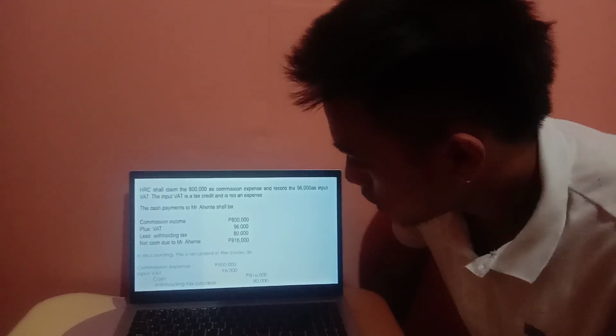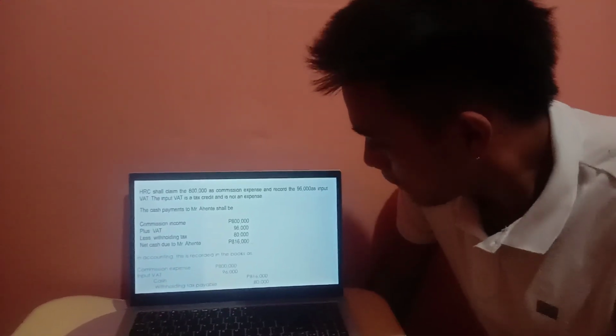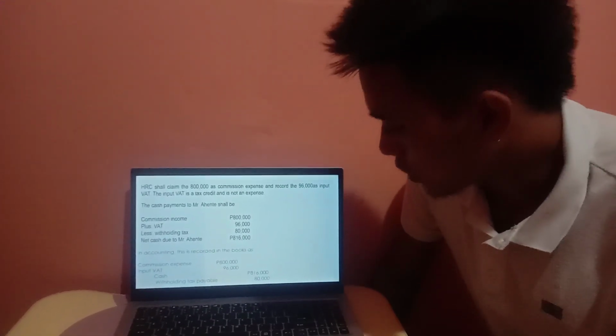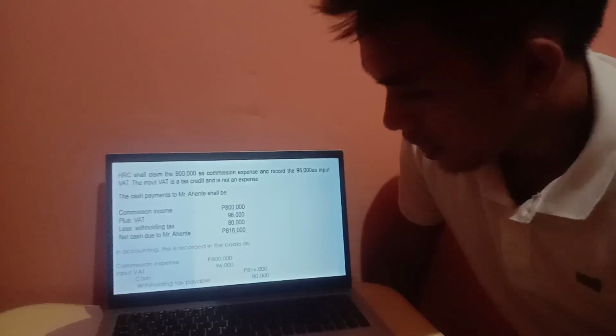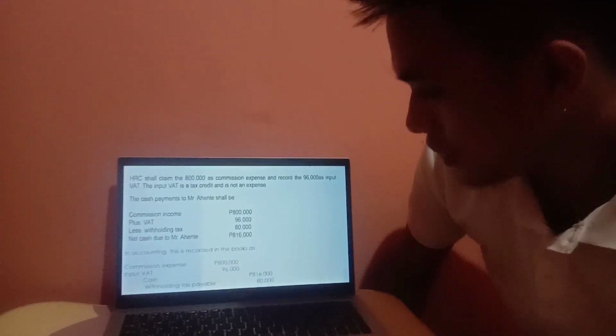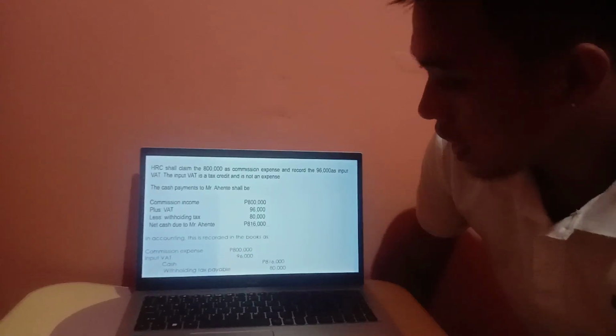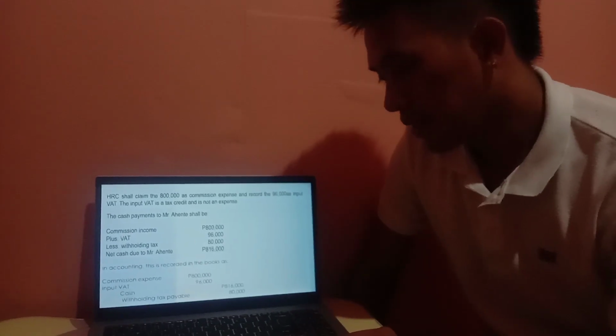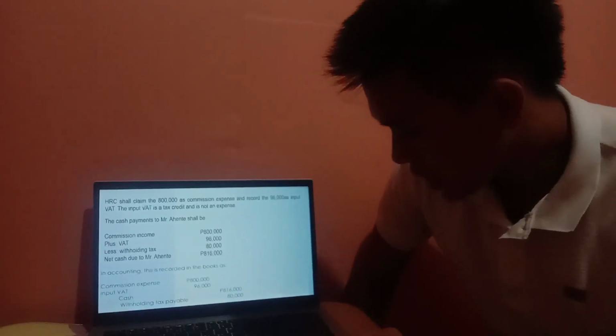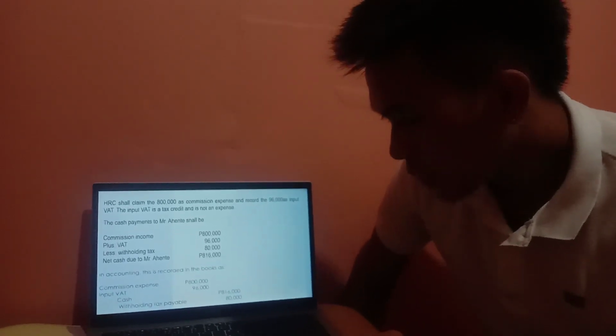Net cash due to Mr. Ahinte: 816,000. In accounting this is recorded in the books as commission expense 800,000, input VAT 96,000, cash 816,000, withholding tax payable 80,000.